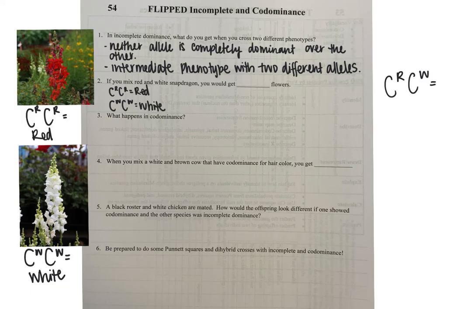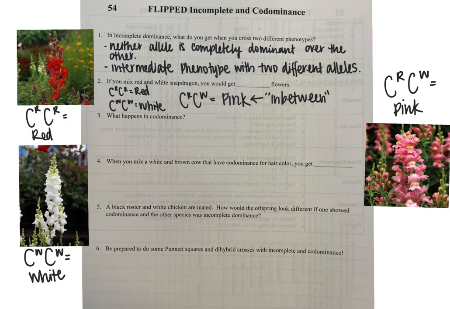Because neither of these is completely dominant over the other, red's not dominant over white, and white's not dominant over red, you get this intermediate phenotype, or this in-between. In this example, that would produce a pink snapdragon.